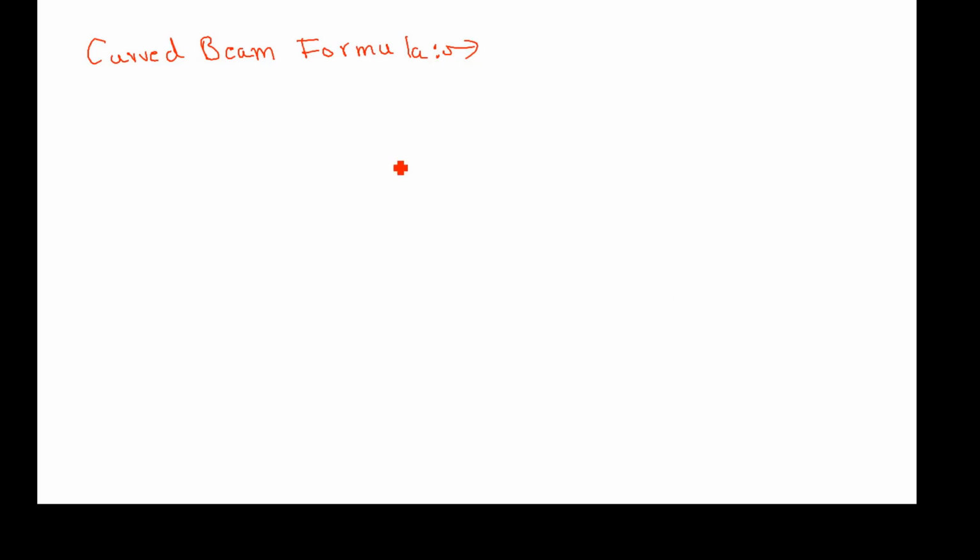Okay. So the curved beam formula, as I was explaining earlier, is used when the curvature of the member is more pronounced. If we have straighter elements like this, you might not be able to see the curvature caused by the application of loads.